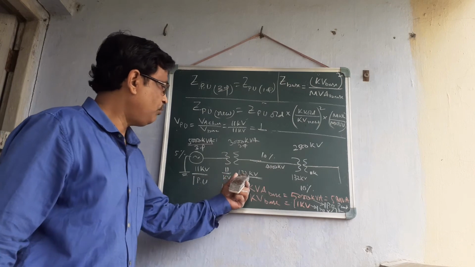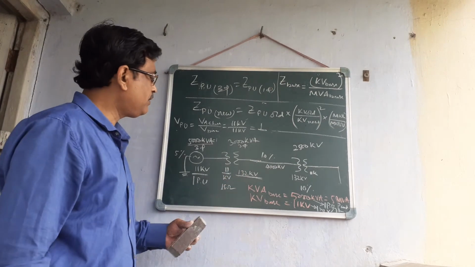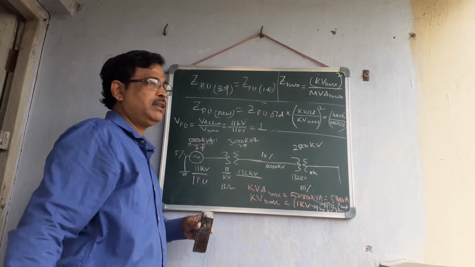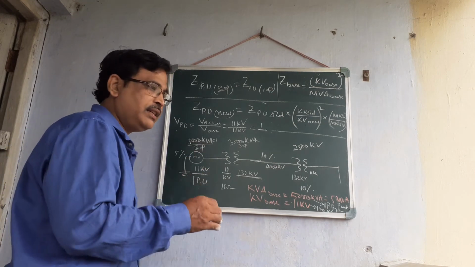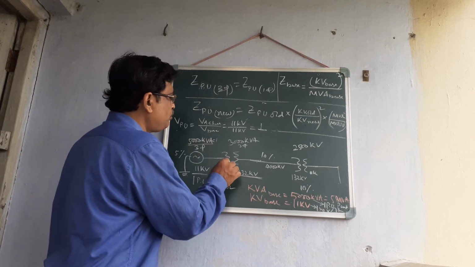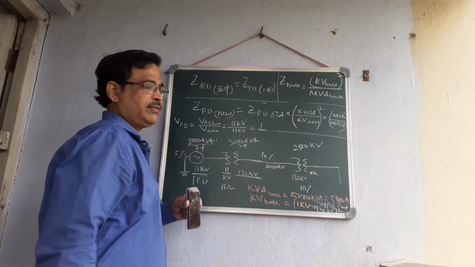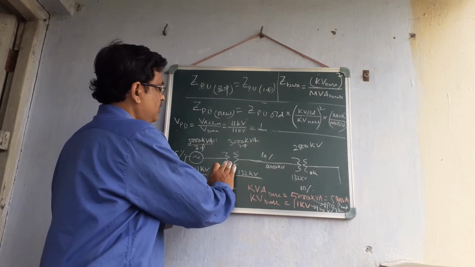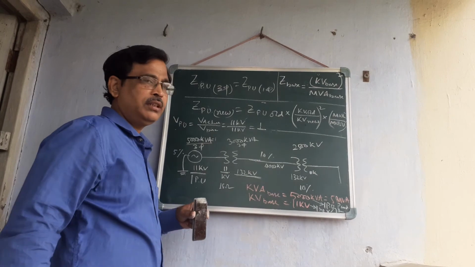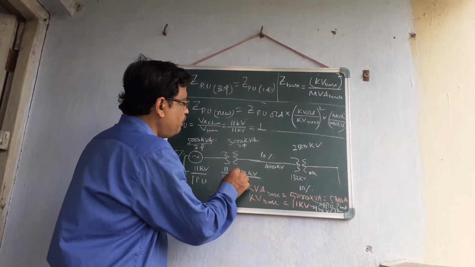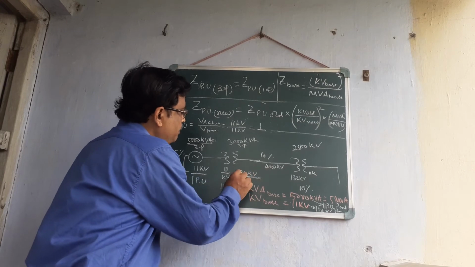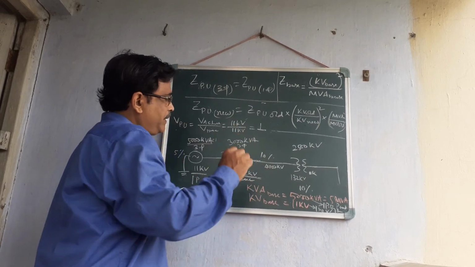It is 132 kV. Then you can say, sir, in the same circuit, how can the base kV be different? Yes, it can be different due to this transformer action. Here, the transformer steps up the voltage, so base kV also steps up.